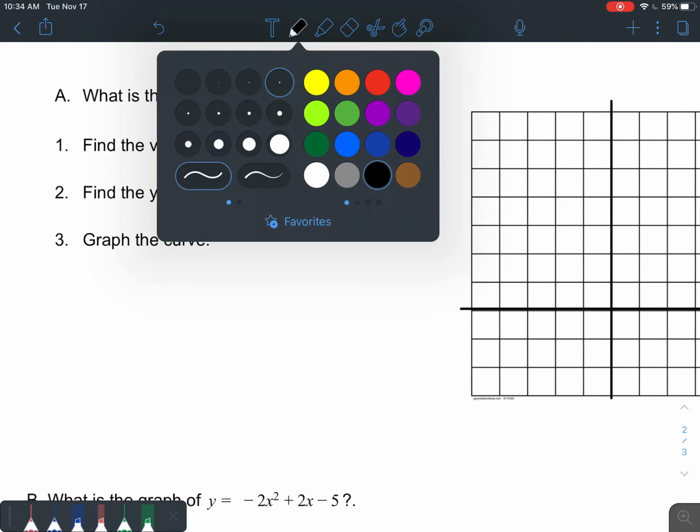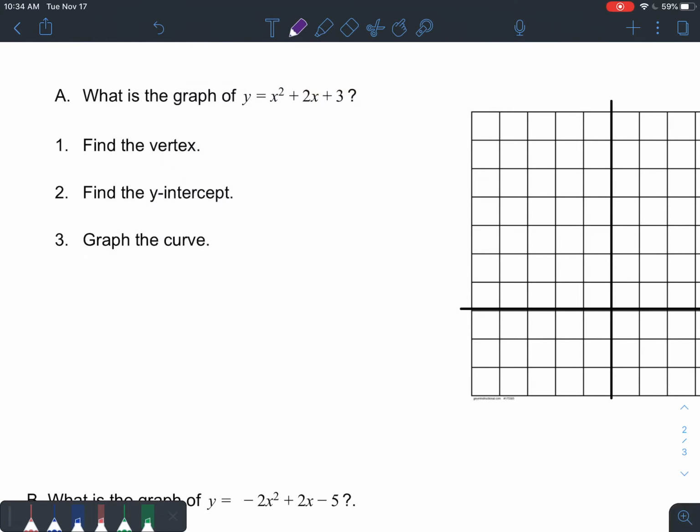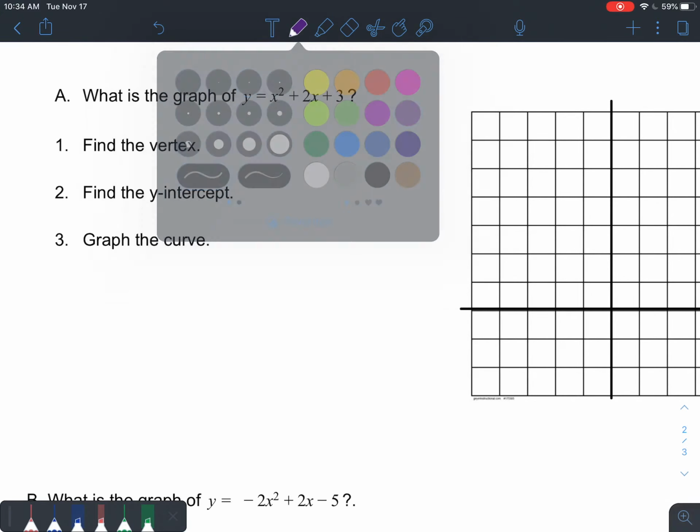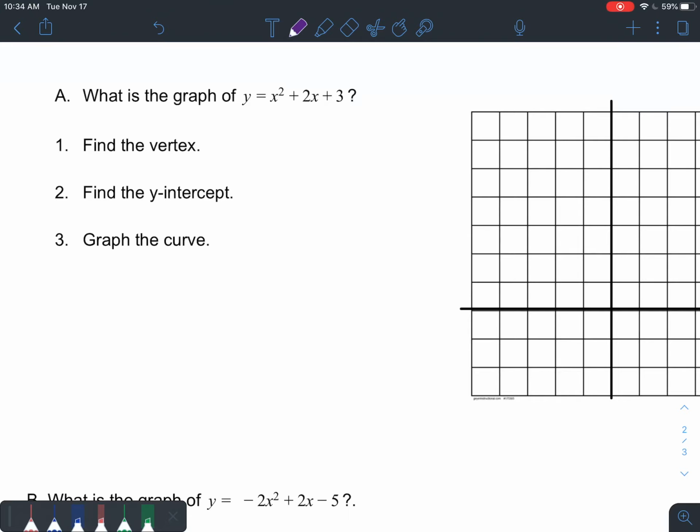Okay, so let's first find the vertex. To find the vertex, I'm gonna do one down here because it's harder to find. So x equals negative b over 2a. This is our a is 1, b is 2, and c is 3.